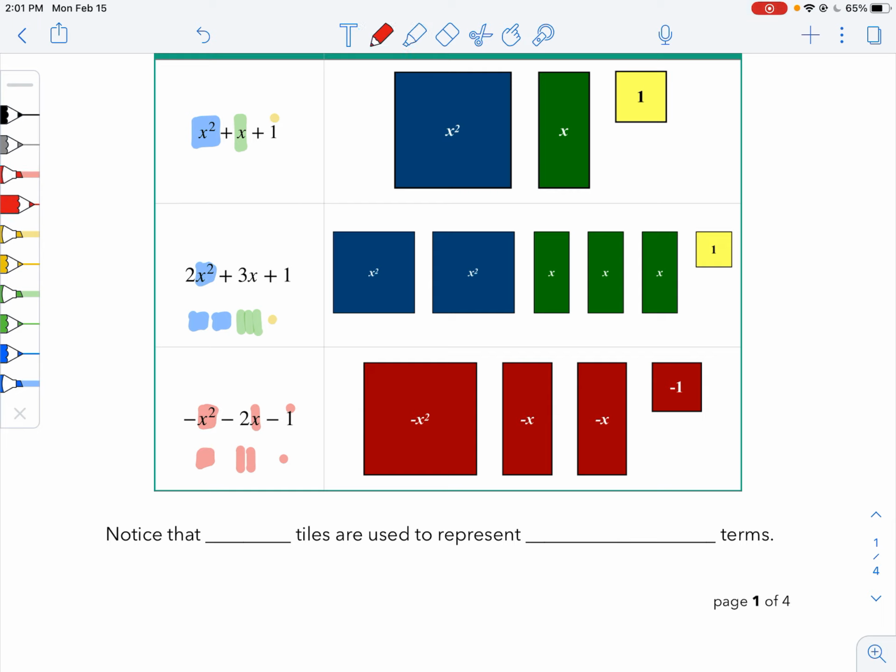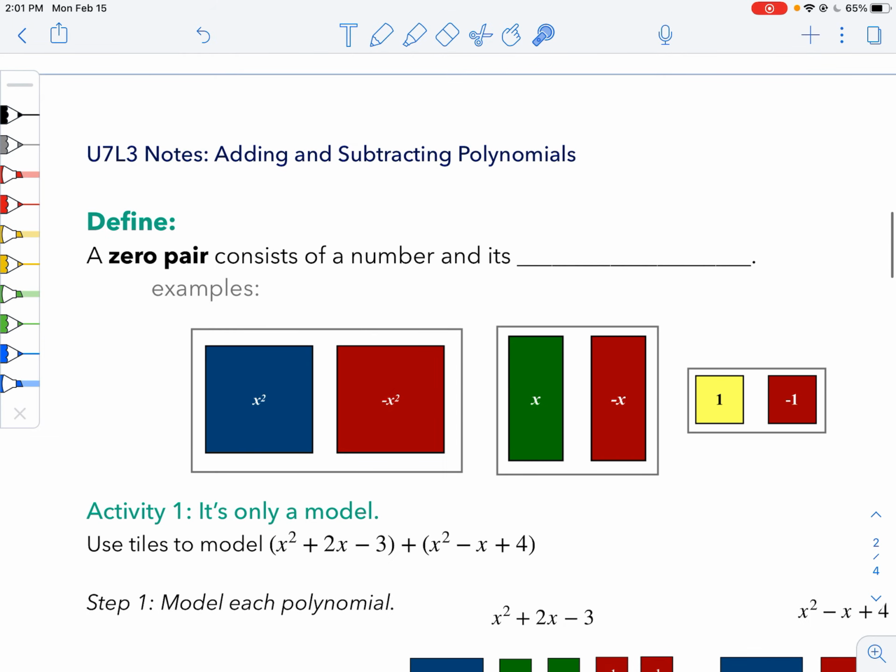So notice that red tiles are used to represent negative terms. As we add and subtract, I'm going to be using tiles and moving them around to represent the different terms of our polynomials. We're also going to be using something called a zero pair. A zero pair consists of a number and its opposite.